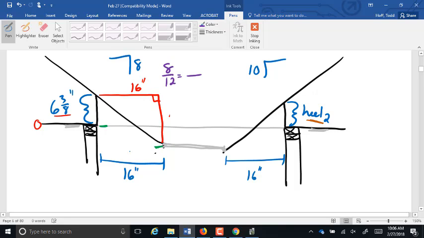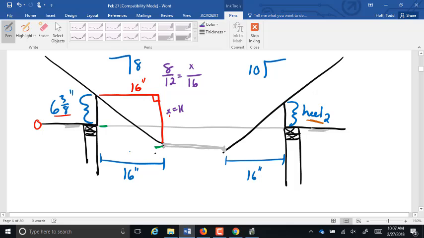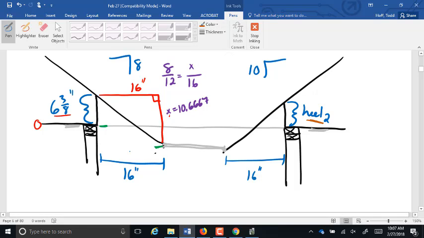8/12 equals, if I call that x, x over 16 inches, right? So 8 times 16 divided by 12. 8 times 16 is 128, divided by 12 is 10 2/3. 10.6667, we're going to call it. Well, what does that mean for our height? How far below this are we?